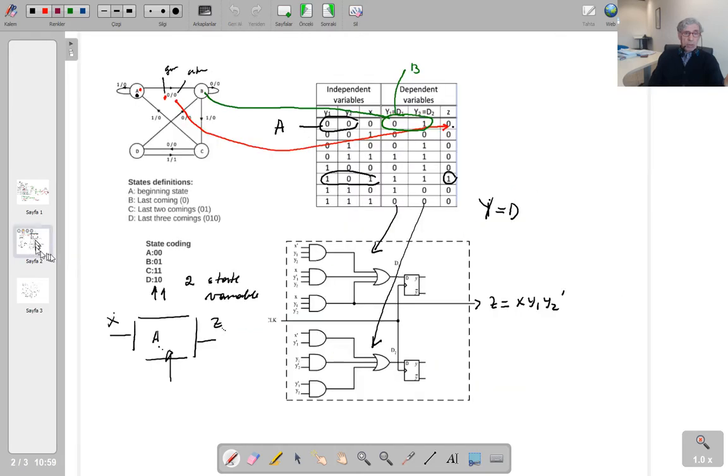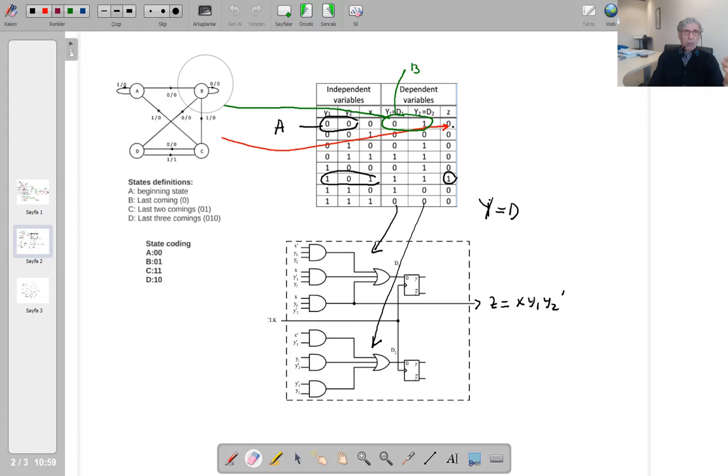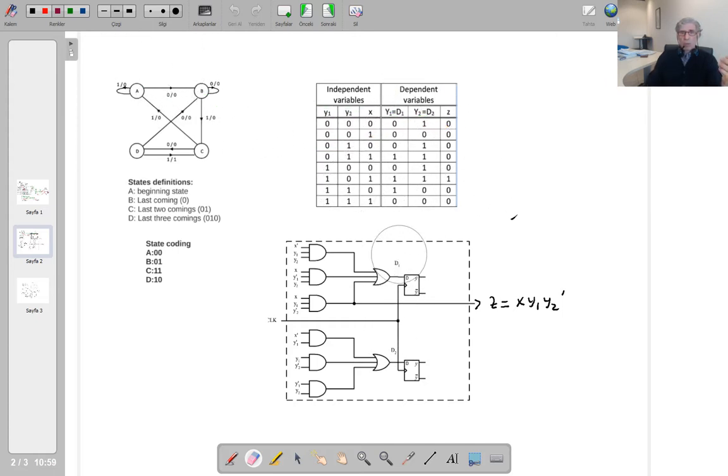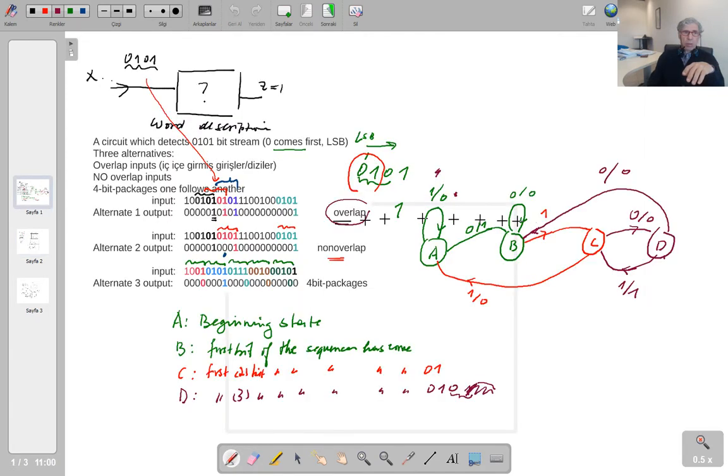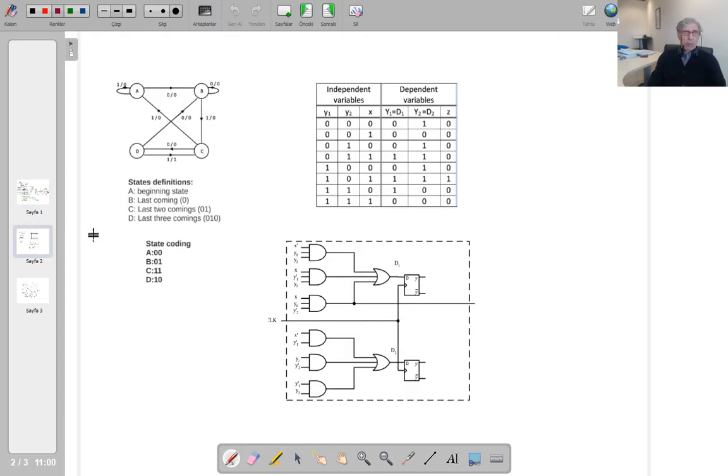Let's come to the second stage. Let me clear this area. So this diagram, although it doesn't seem the same as the previous one, it is the same actually. If you examine it on your own, you could see that this diagram is the same as the previous one. One of them is in one line, the other one is in 2 lines.